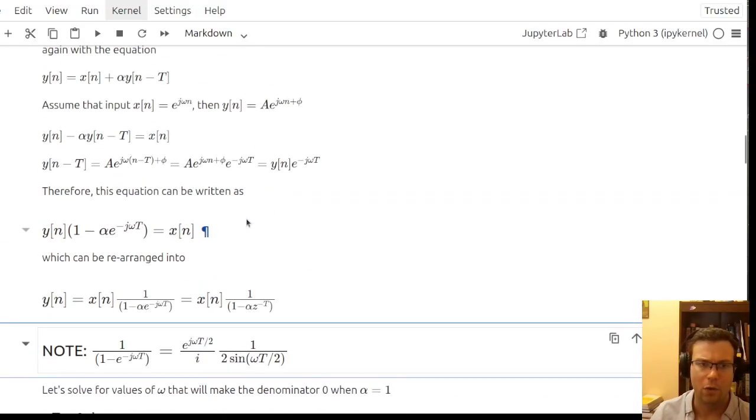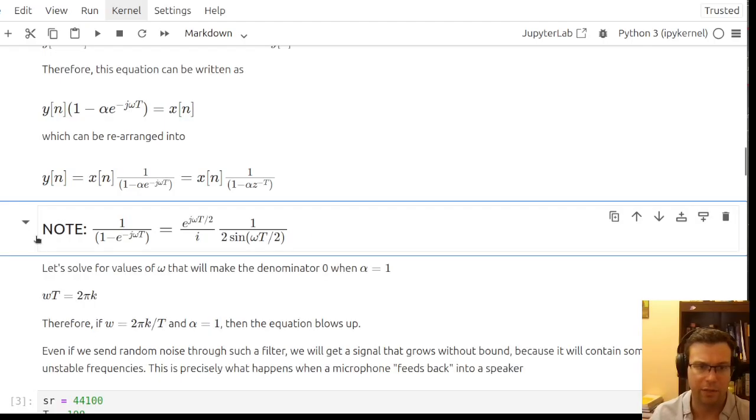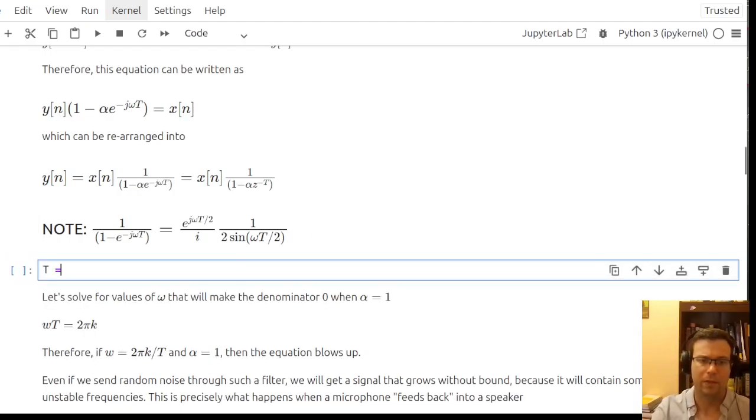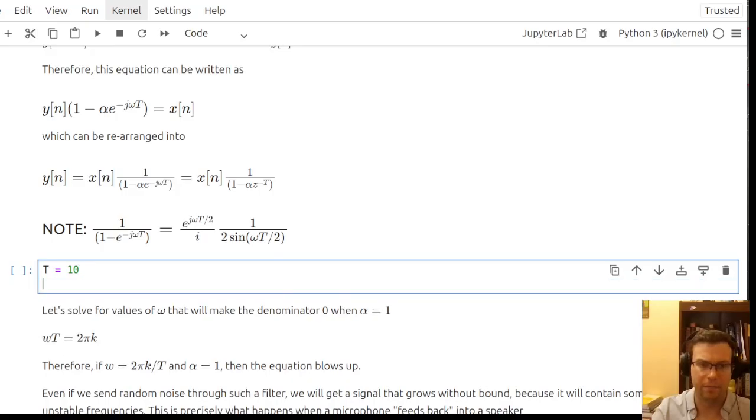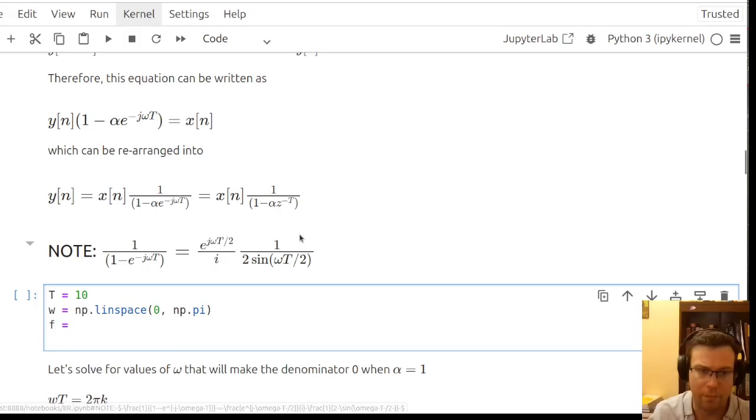And so it's worth actually plotting this, for example. We'll say T is equal to 10. Let me look at all the possible radian frequencies from 0 to pi. And in fact, let me convert that to units of cycles per sample rather than radians per sample.